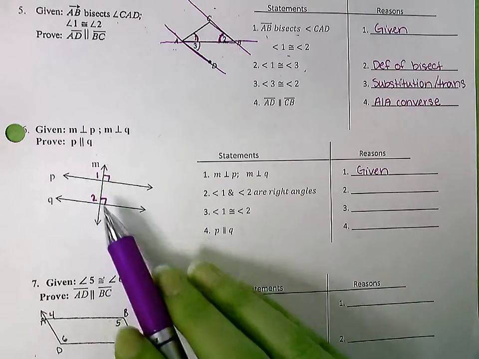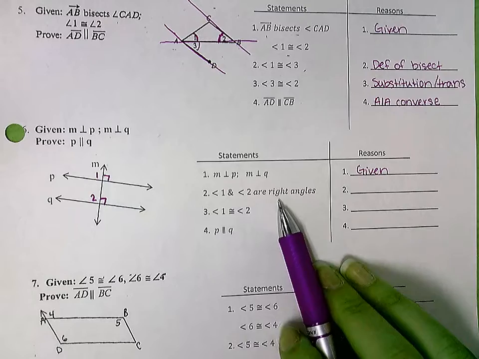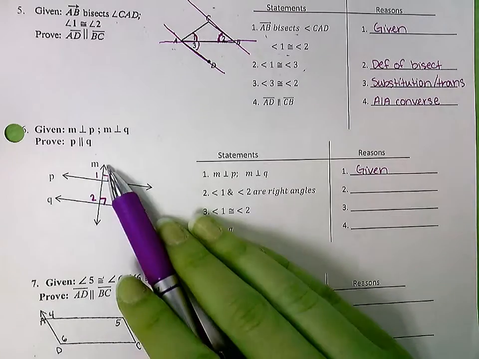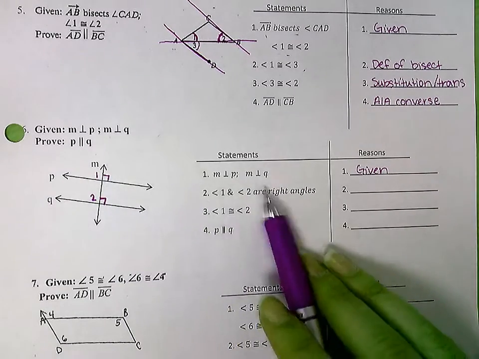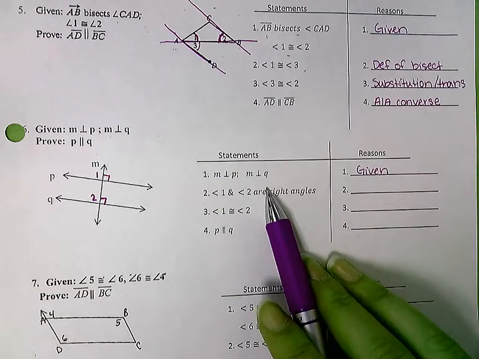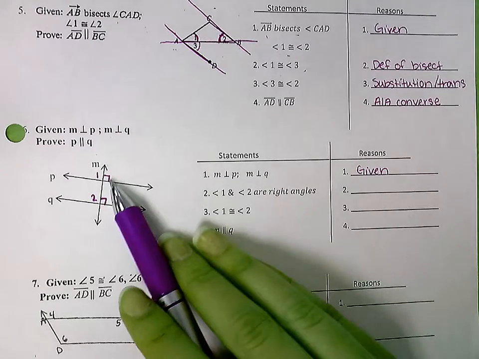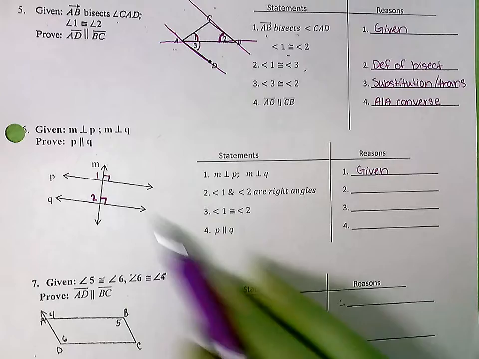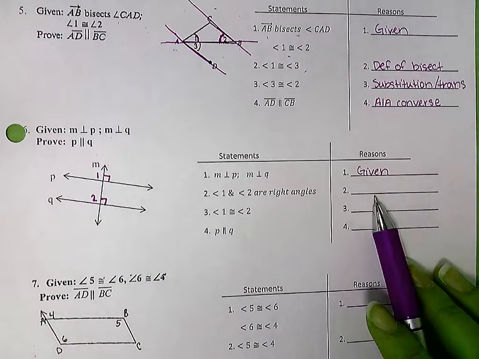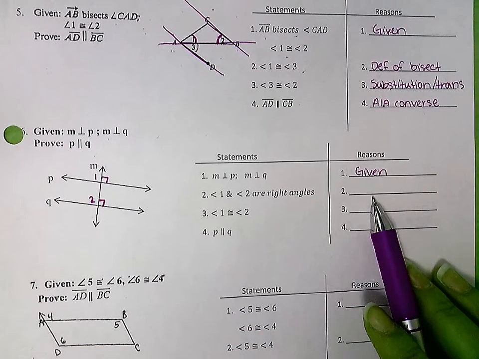Next, in number 2, I said angle 1 and angle 2 are right angles. This is why I labeled it 1 and 2. I'm using that they're perpendicular. I have 2 lines that are perpendicular, so they create right angles. Do you remember what reason that is? Two lines perpendicular, they make right angles.